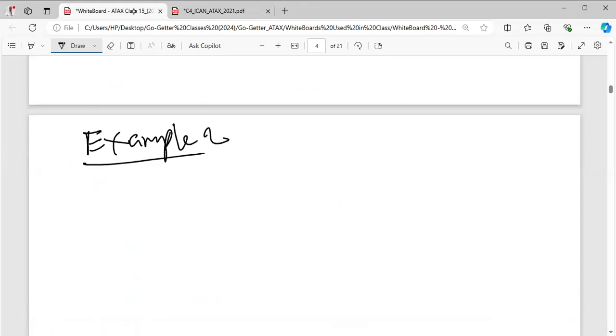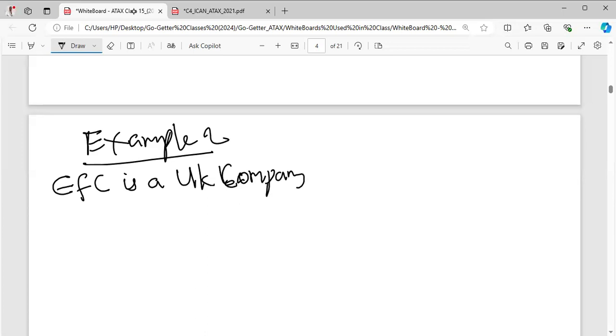Example 2 here. EFC is a UK company in Nigeria.